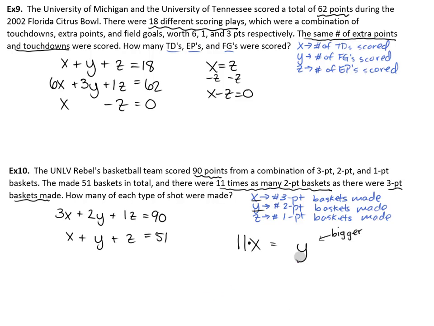Hopefully that makes sense. The number of 2-point baskets is equal to 11 times the number of 3-point baskets. So here's my equation. If you want to move y over to set it equal to 0, so we can kind of align this up like we did some of our previous equations, you can do that to help you set up and solve your system. Sorry, 11x over there minus y equals 0.